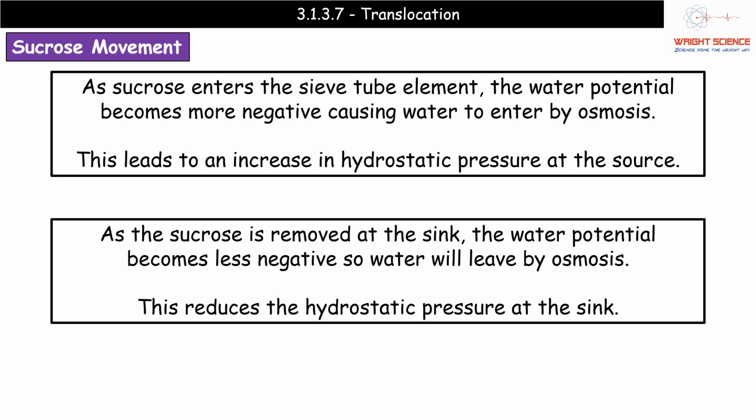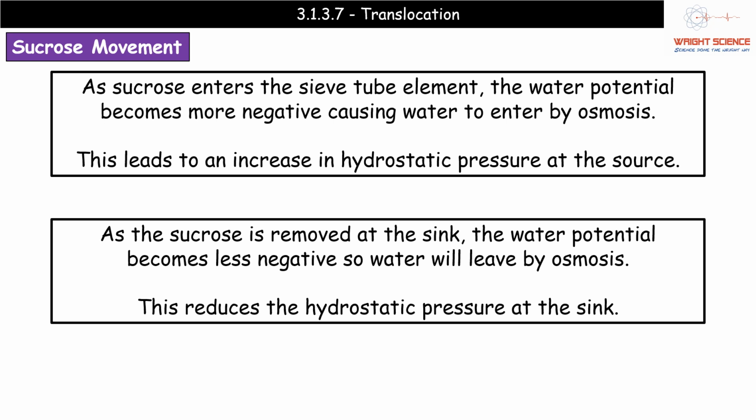Now that we've got that basic understanding of what's happening, let's explain in a bit more detail why we get that water movement at the source and the sink. At our sucrose entry point, the water potential is going to become more negative.